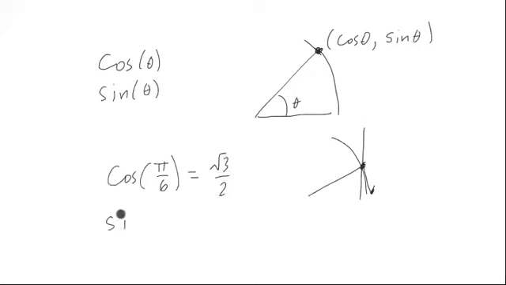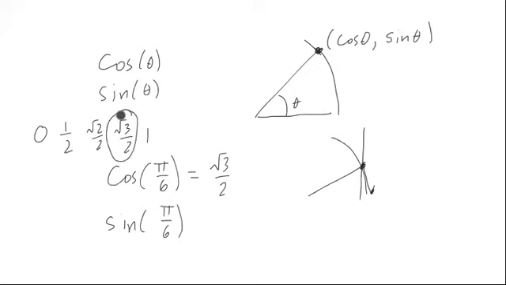Now by symmetry, we should be able to spot what sine of pi 6 is across that list. Let's list it out. 0, 1/2, square root of 2 over 2, square root of 3 over 2, and 1. Since the x coordinate was this, the y coordinate will be that. And that should make sense because we have the smaller angle and we have the smaller y value coming down before you get to 0. So in that way, we can actually compute cosine and sine.